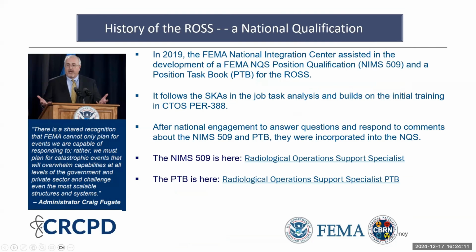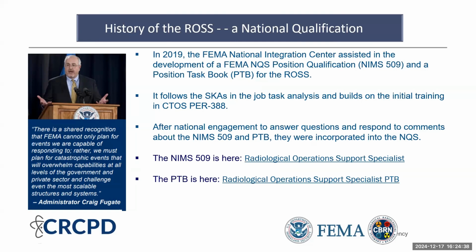2019 was focused on getting the FEMA 509, as we call it, which is a position qualification. All the NIMS positions have them. They describe the type 1, 2, 3, 4 levels of a resource. It can be anything from human resource to even machines and devices.